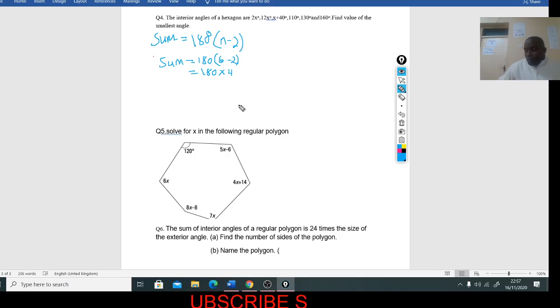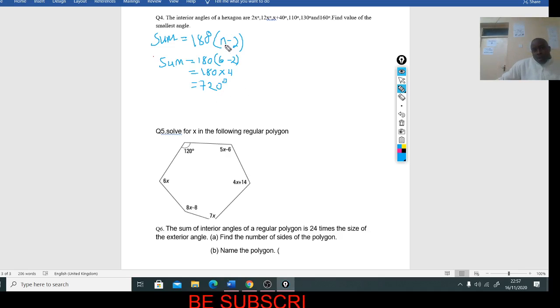That is how we get the sum. If you multiply 180 times 4, you'll get 720 degrees. That is the sum of the hexagon.